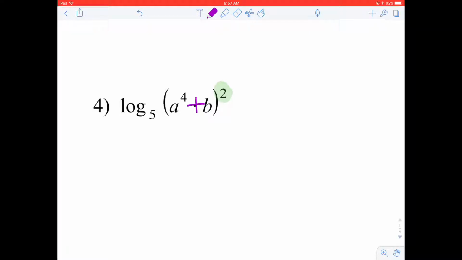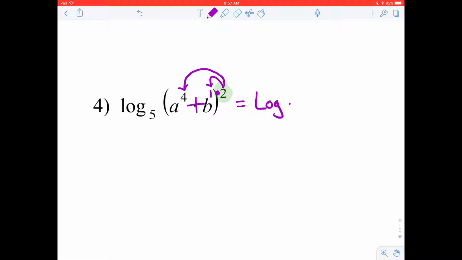So I have to apply my rules for exponents first. Power to a power, we multiply. So I'm going to have to distribute and multiply that 2 to the 4. And then that b also has a 1. So I'm going to also have to multiply that 2 times the 1. So that's actually the first step that we're going to do.